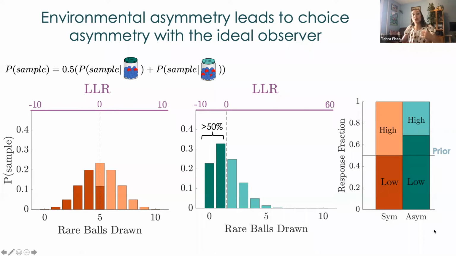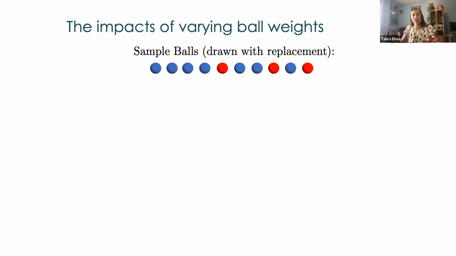And so this leads us to a really interesting question: how is this choice asymmetry modulated? Let's say that we're not using an ideal weight. How does that change these choice asymmetries? Let's break it down and think about those weights again. We're going to go back to those sample of balls drawn, and we're going to consider the symmetric case first.